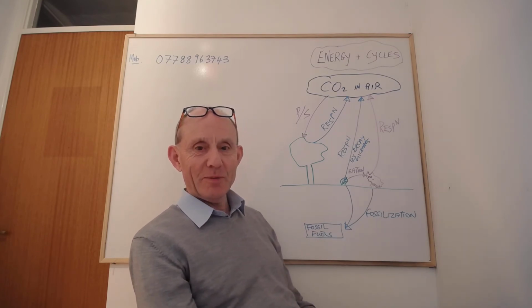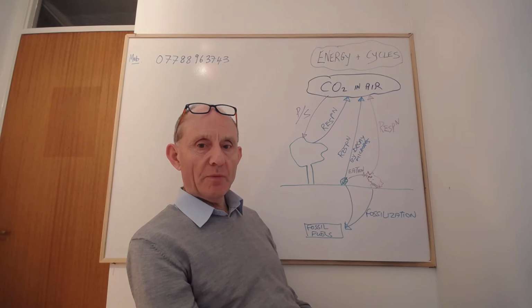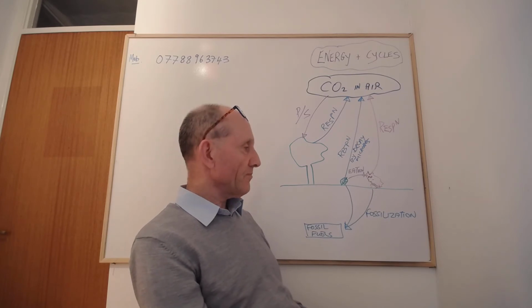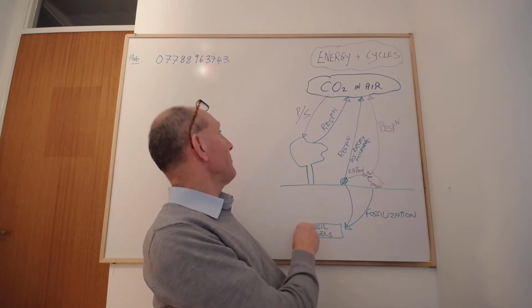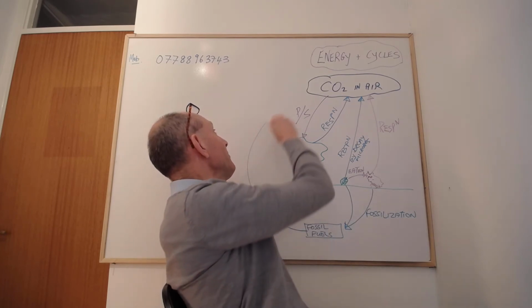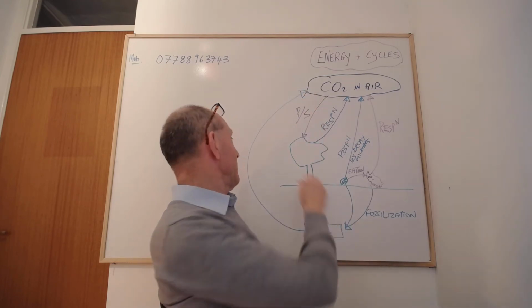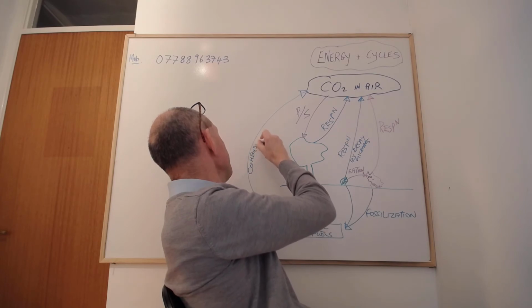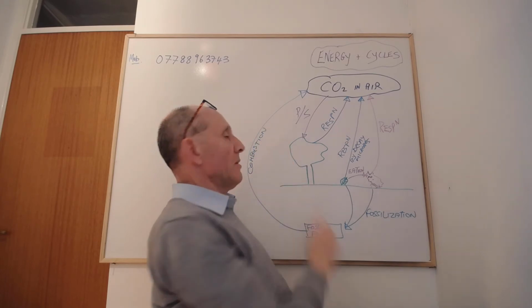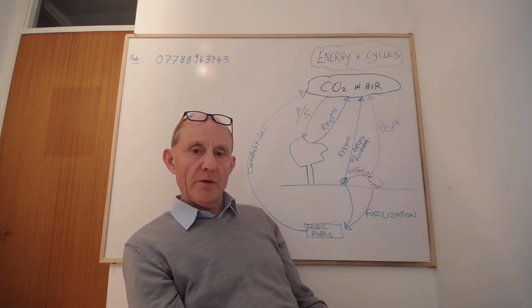So fossil fuels are the product of millions of years of storage of dead plants and animals. And then of course everyone knows that fossil fuels can be burned. And when you burn fossil fuels, we refer to that as combustion. And combustion then releases CO2 back into the air.